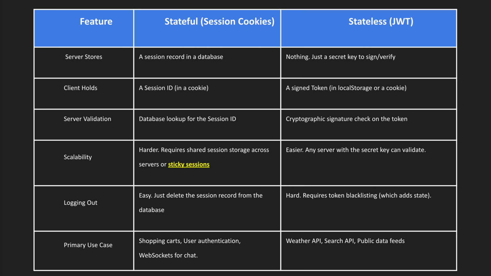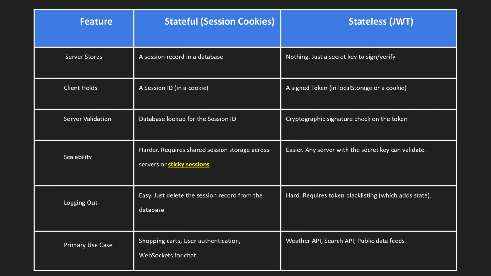For the server storage, in the case of the stateful, we are storing a session record in a database. In the case of the stateless application, we don't store anything. We just need to verify, using a secret key, that the JWT token is generated by the server.